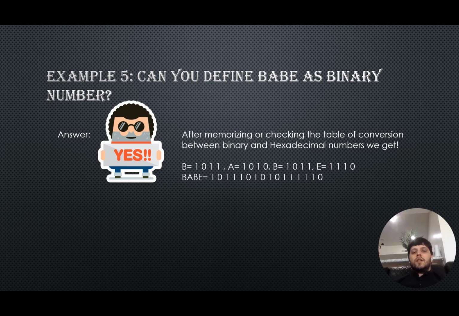So B is right here, then A is right here, then B again right here, and E is right there. So that's the binary representation of BABE. That's fair enough. Let's go to the next example.